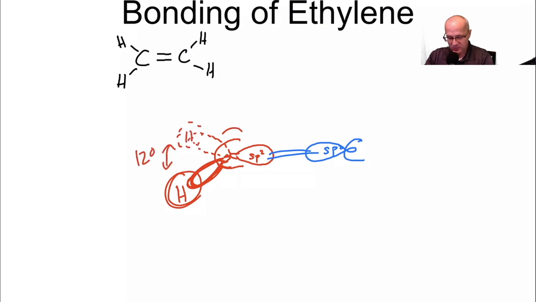This is also 120. Okay, I'm going to get rid of that one though because that's going to be in the way here in a minute. There we go. So there's all my sigma bonds.